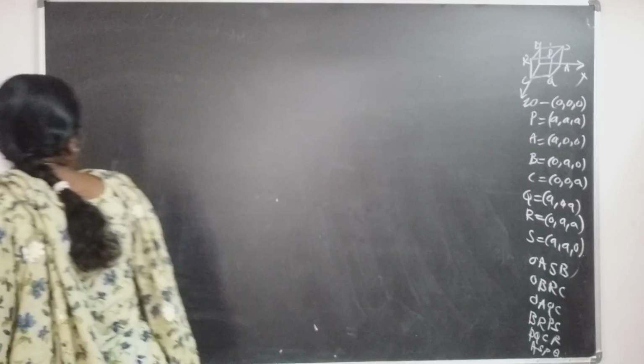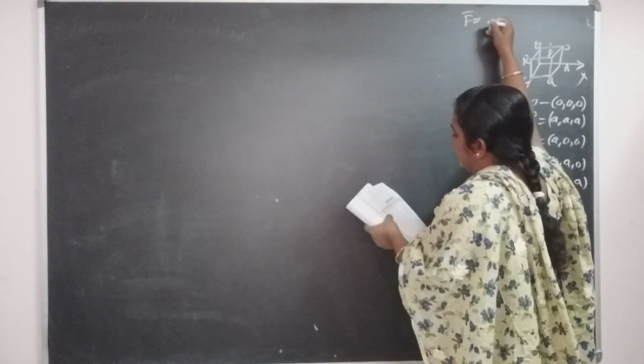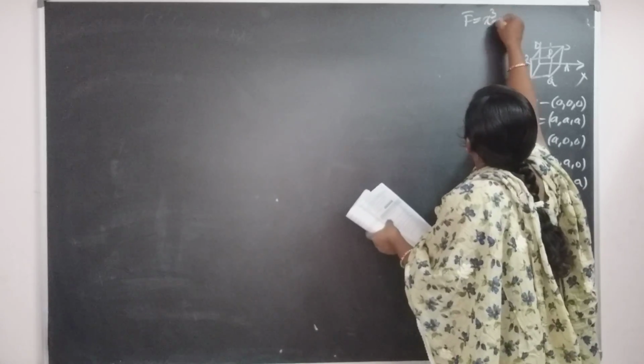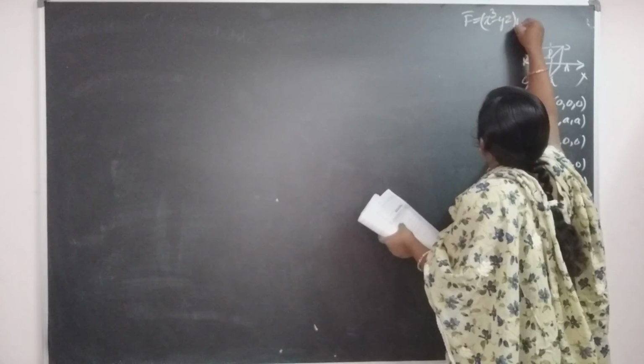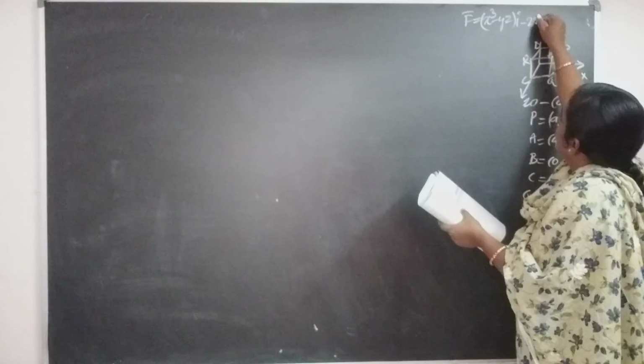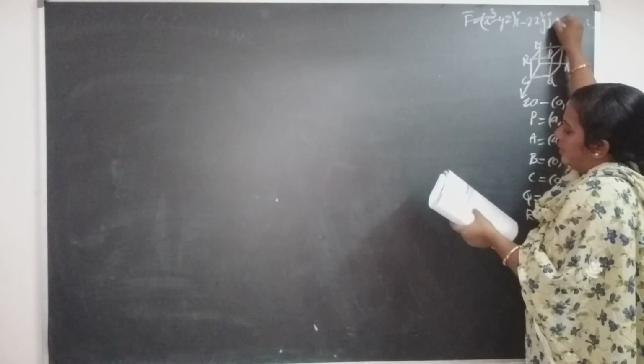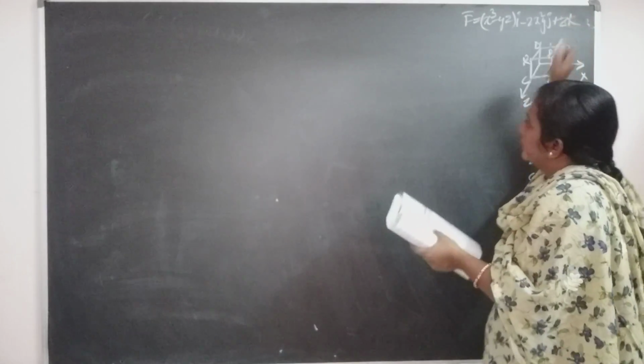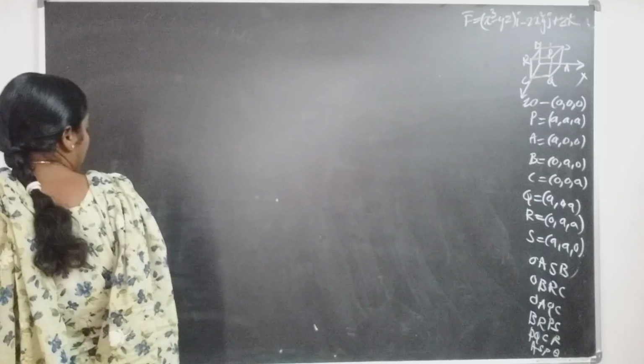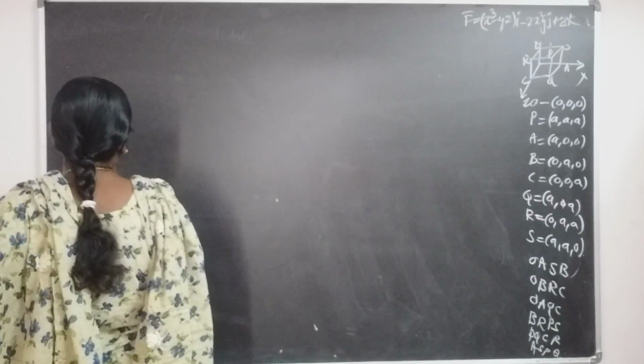And the f vector is x cube minus yz into i minus 2x square y into j plus zk. Okay. Now I am taking the first surface, that is OASB.